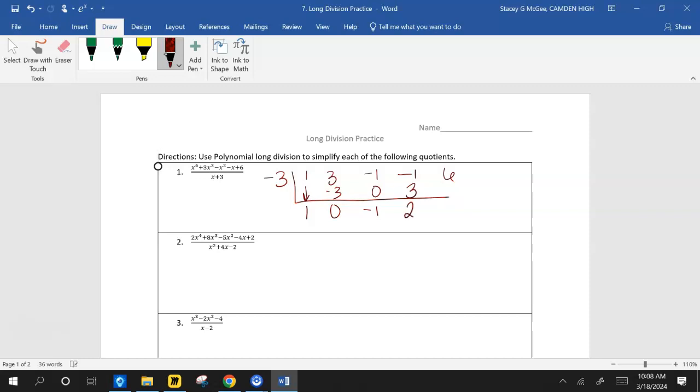Add. Multiply. Add. Ooh. No remainder. So what happens whenever I divide this? I get x to the third. Is that what you got when you did it? Because you just threw everything away.